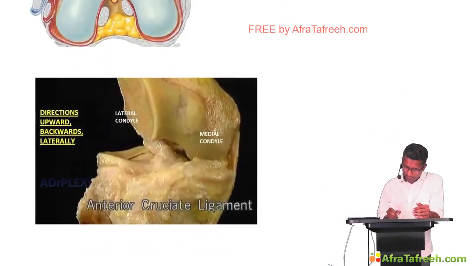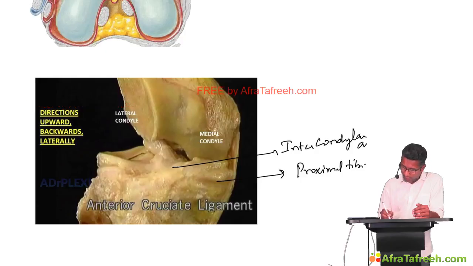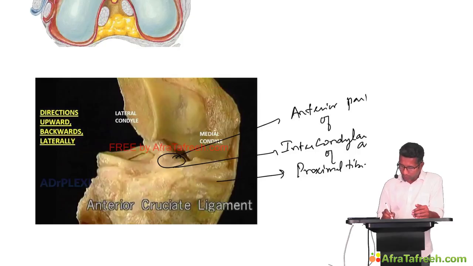So you can see the tibia here. This is the proximal tibia. This area is the intercondylar area. And where is it attached? It is attached to the anterior part of the intercondylar area of the proximal tibia.